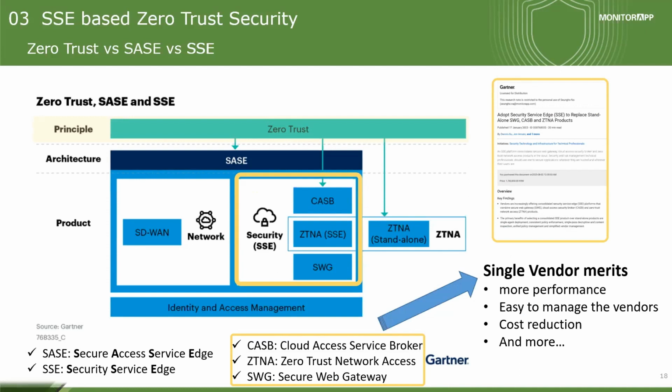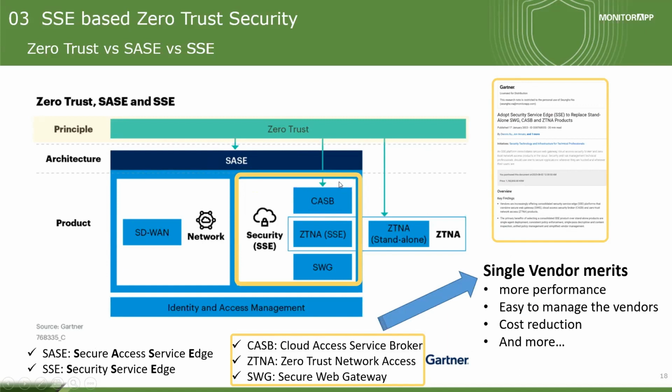Gartner provides the recommendation to implement Zero Trust with the SSE architecture. SASE means Secure Access Service Edge, and its components are SD-WAN from the network perspective and Security Service Edge, SSE, from the security perspective. So from the security point of view, SSE is the core component of SASE.